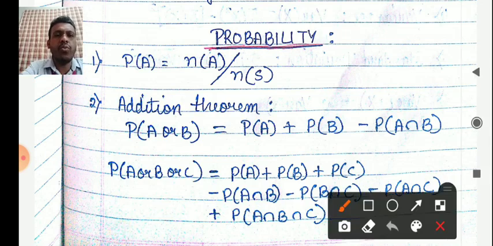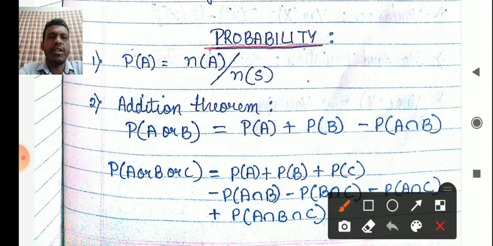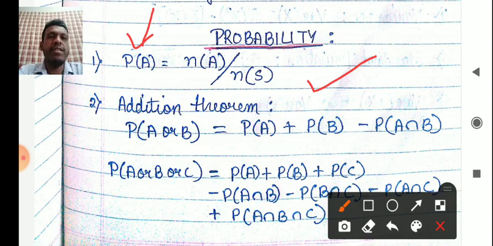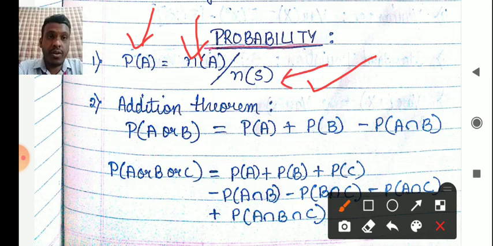Now probability of A, first one, this formula. This is read as probability of A is equal to n of A divided by n of S. N of A, what is n of A?